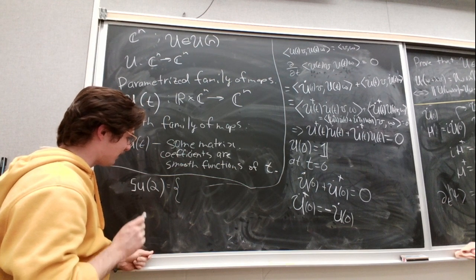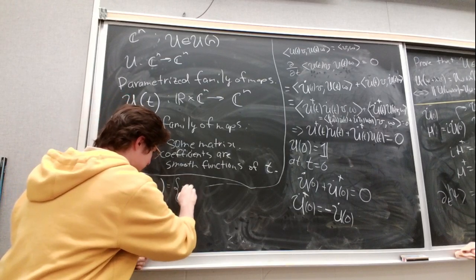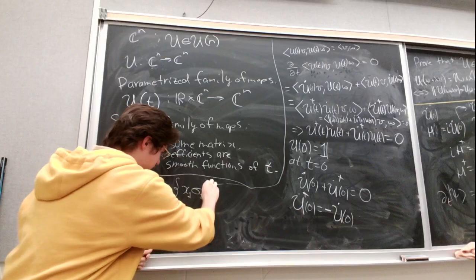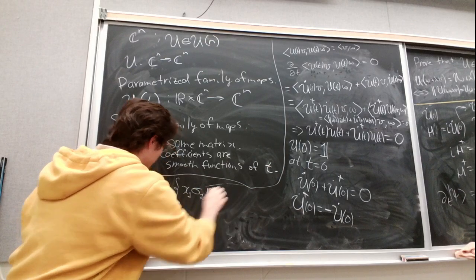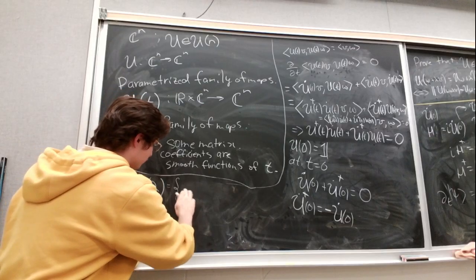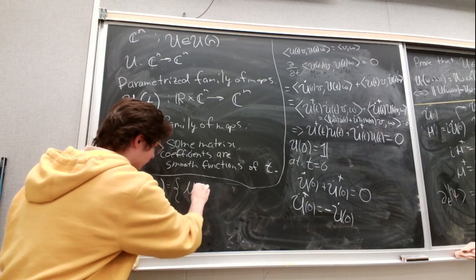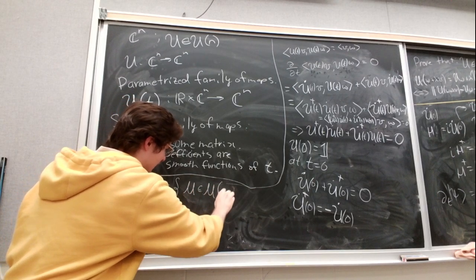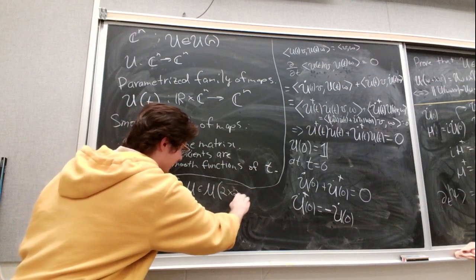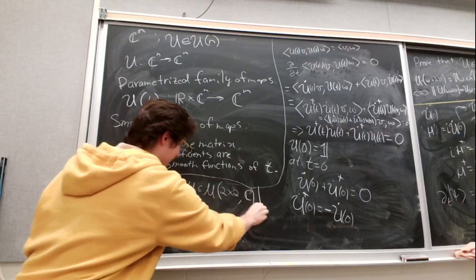Okay, and this is going to be all linear combinations. Oh wait, no, sorry, lies. It's going to be all 2x2 matrices with complex coefficients.